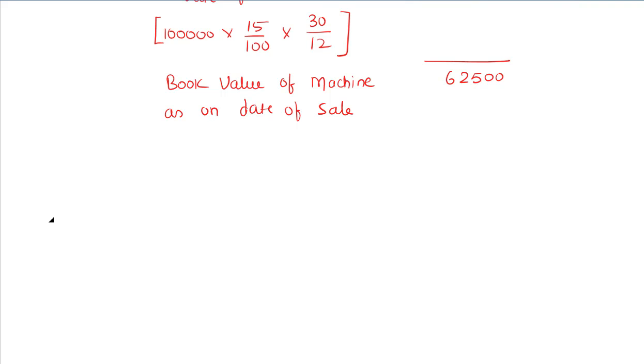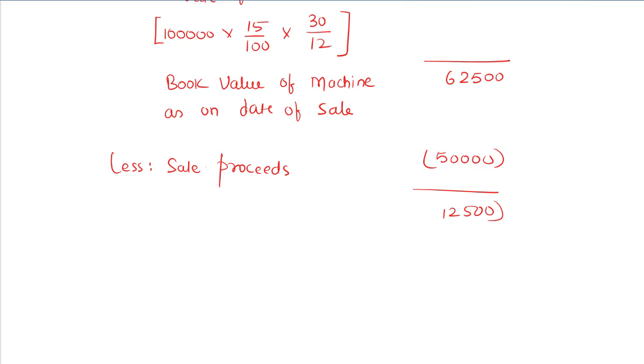Now the sale proceeds are given in the question, that is 50,000. So less sale proceeds 50,000. The value is 62,500, but we sold it for 50,000. That means we incurred a loss of 12,500.